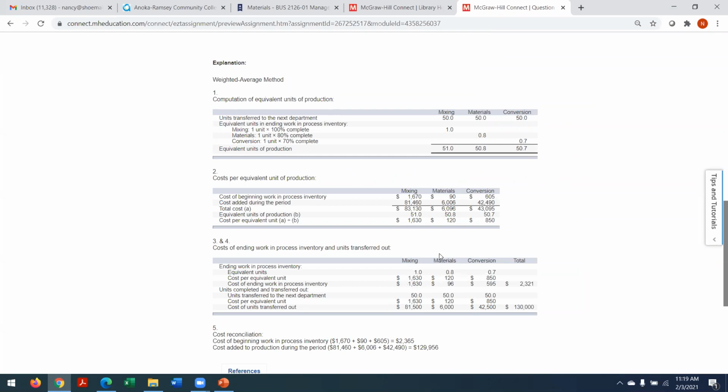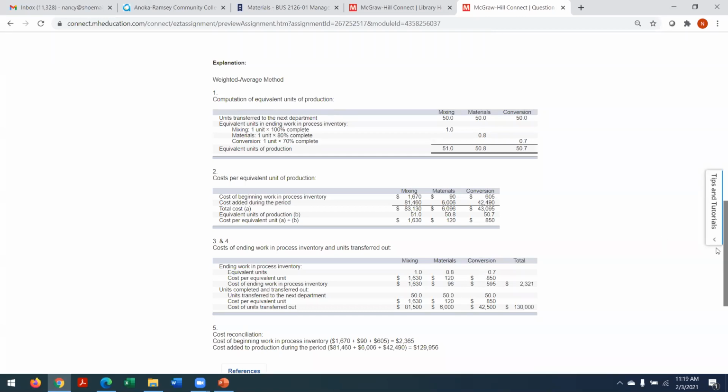Materials, we had 0.8 units left, and the cost per equivalent unit gives us $96. Conversion costs, we had 0.7 units left in ending inventory at a cost of $850, which gives our cost of ending inventory of $595.